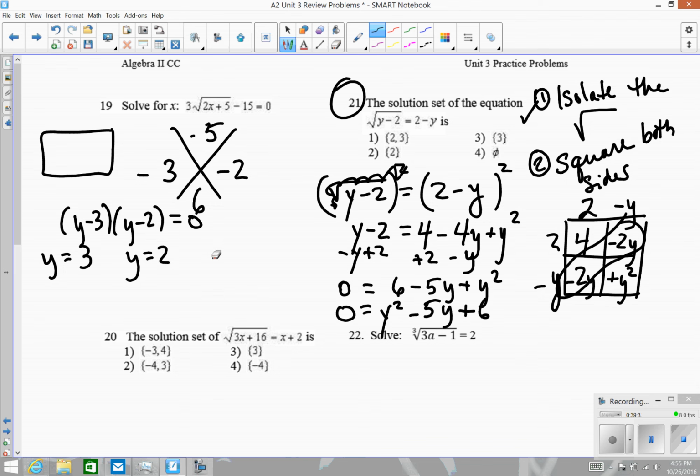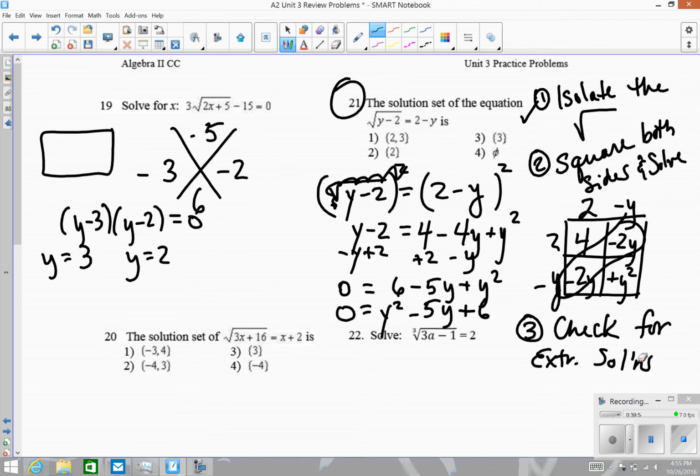But in these problems, our step number 3, after we square both sides and solve, is that we must check our solutions because again, we could have extraneous solutions. So I want to check for extraneous solutions.